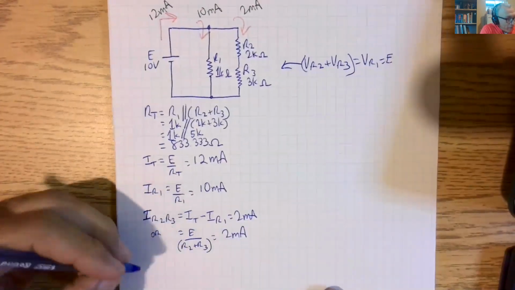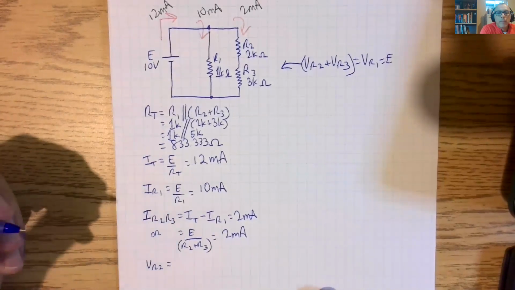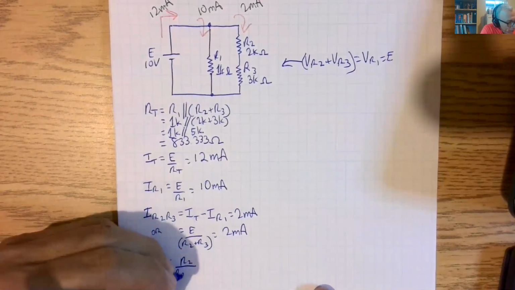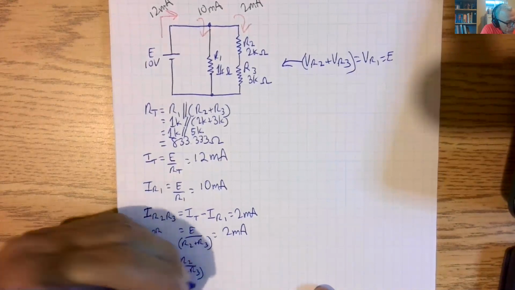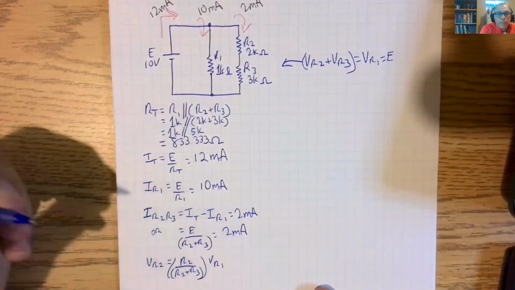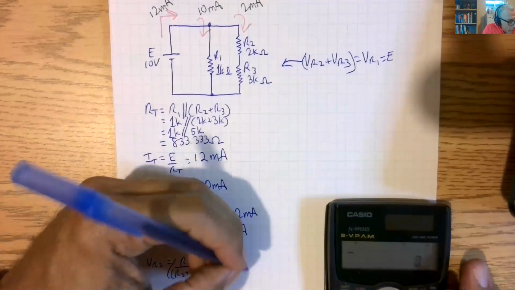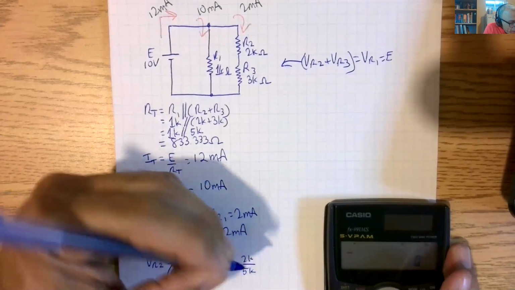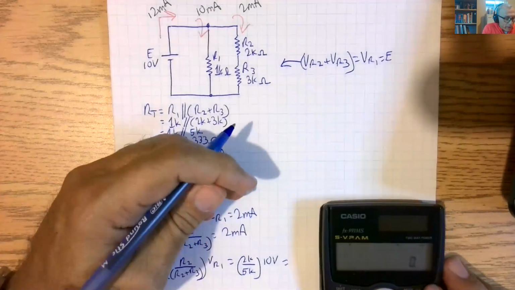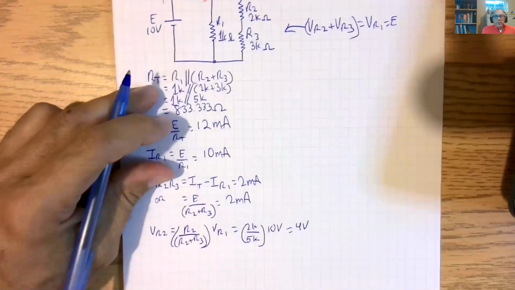So to find VR2, we could use the voltage divider rule and say that it is R2 divided by R2 plus R3 times VR1. We get 2K divided by 5K times 10 volts, which works out to be 4 volts.